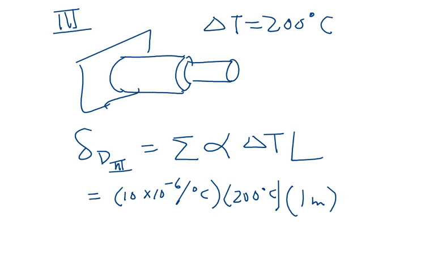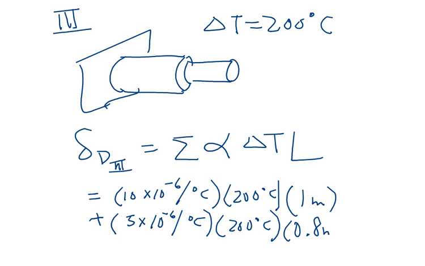And notice this is a positive temperature change, a temperature increase, so obviously it's going to cause positive deflections or positive elongations. Plus 5 times 10 to the negative 6 per degree Celsius, 200 degrees Celsius, 0.8 meters. And this again is going to give me some value.